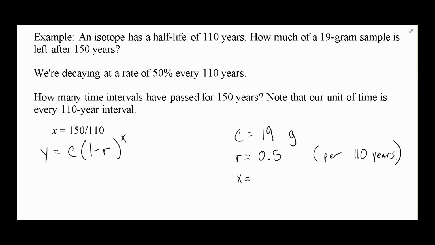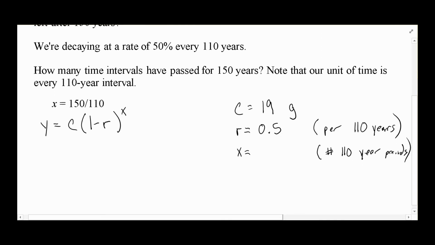So with x being the number of 110 year periods, how many 110 year periods have passed if 150 years have passed? Well, that would be to take the number of years that have passed and divide by 110.